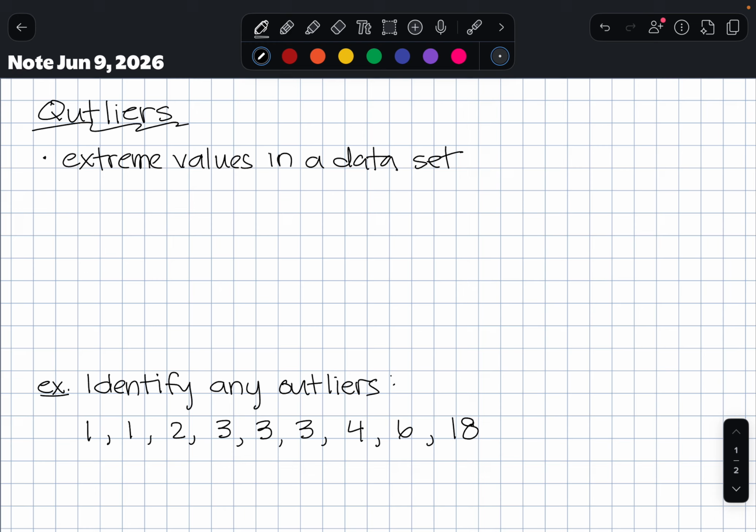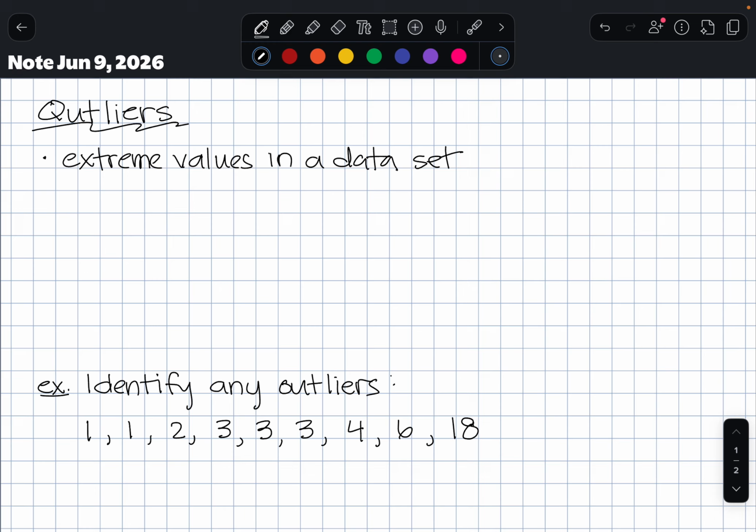The other reason that outliers are important is outliers help us determine which measure of center and spread to use. And we'll talk about that in just a second after we talk about how to identify outliers.